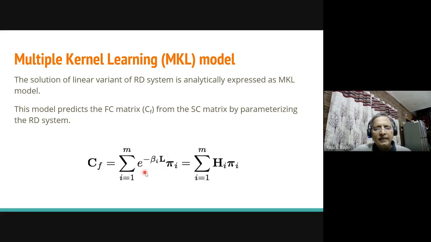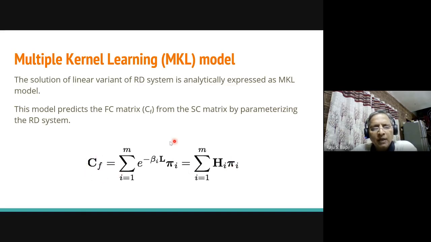Here, e raised to minus beta L is the heat kernel. This gives you the spatiotemporal distribution of the activity over this graph, and each kernel is parameterized by its own parameters. There are m kernels whose linear combination with mixing coefficients pi i gives rise to the functional connectivity.